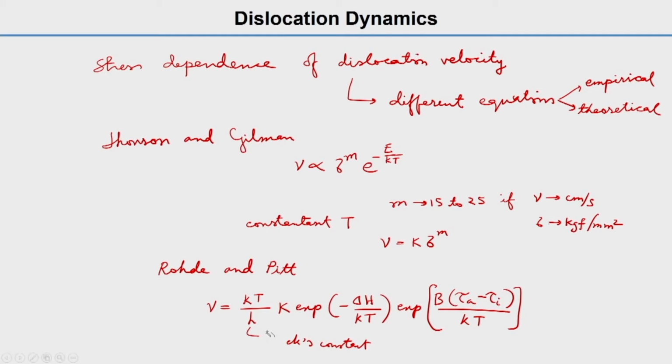Capital K is a numerical constant, and small k is the Boltzmann constant, and b is activation volume, and similarly delta H is enthalpy of activation, tau A is applied resolved shear stress, and tau I the long range internal stress.